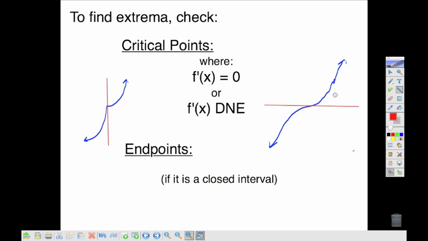However, neither one of these is giving me a maximum or a minimum. What we should actually check for is go ahead and check a y value to the left and to the right, and check if this is indeed a maximum or a minimum, comparing it to the points around it. We shouldn't forget to check endpoints if it's a closed interval.